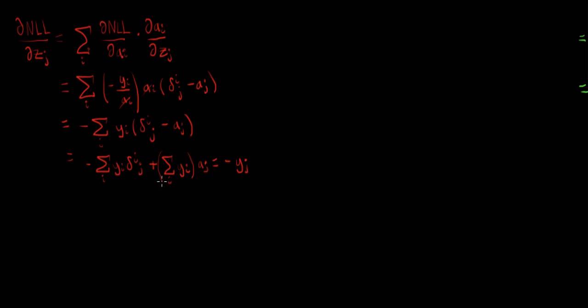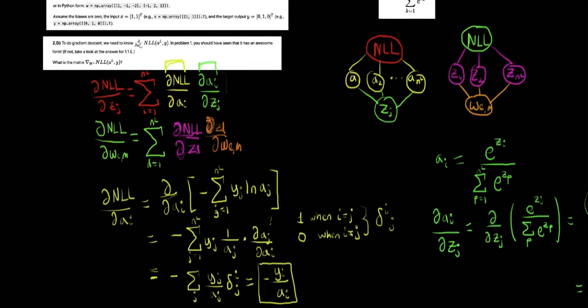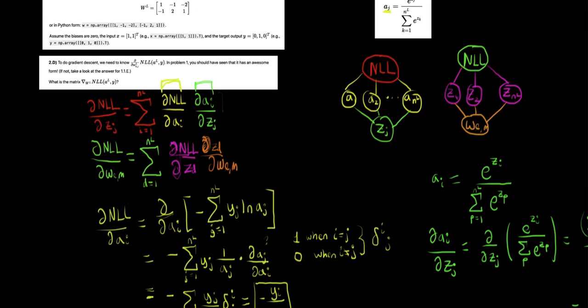Okay, now let's look at this. So what is the sum over I of yi? That's just the sum of all the different components of y. So if we go up, we can see that y is this vector here. So the sum of all the different components is 0 plus 1 plus 0.